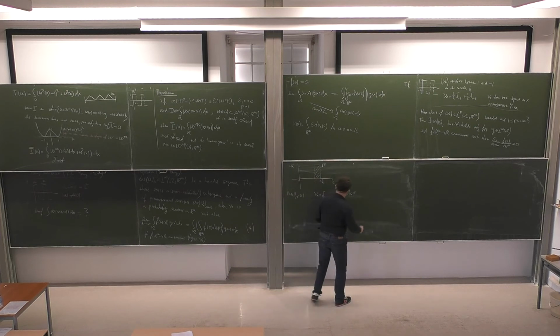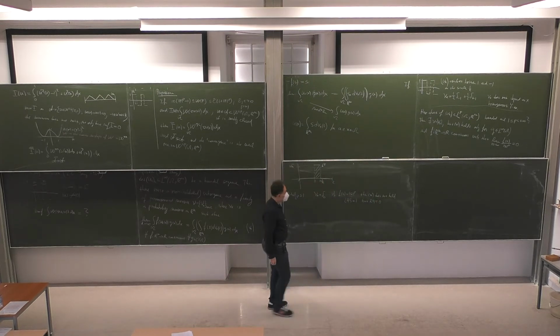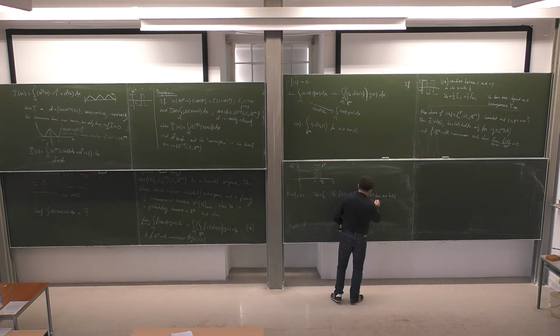So the star doesn't hold, so the left-hand side equals 1, but the right-hand side equals 0. And so we really cannot do that.